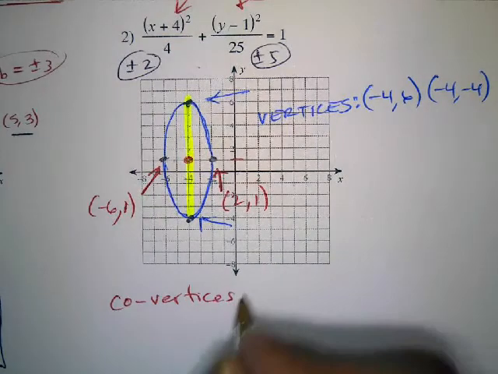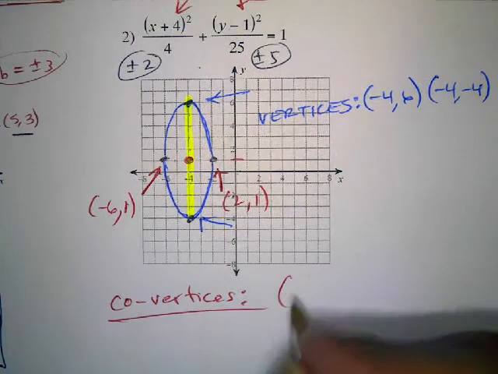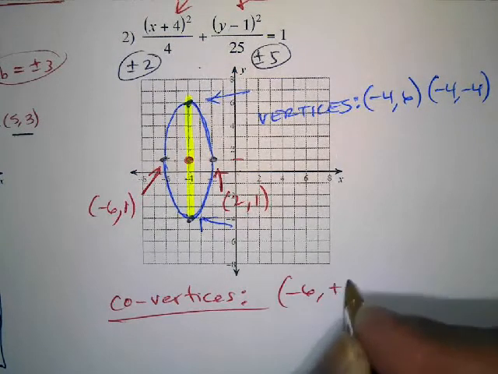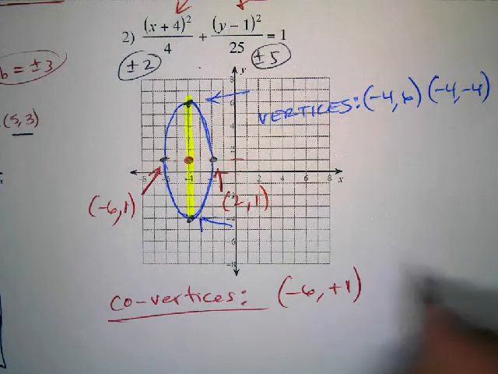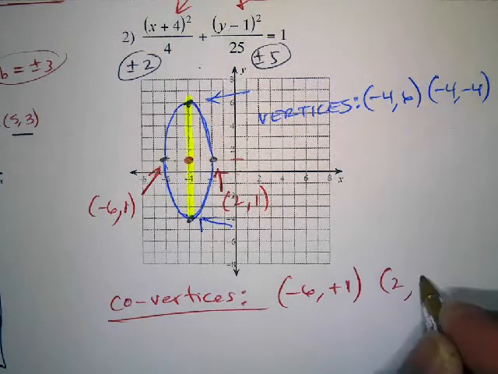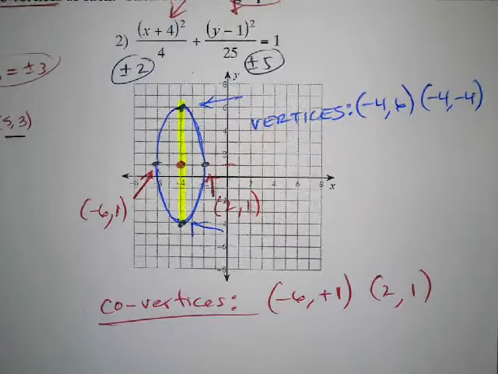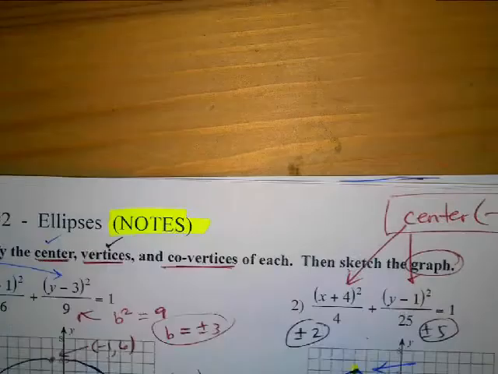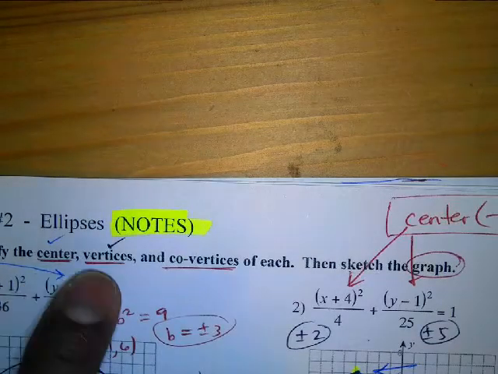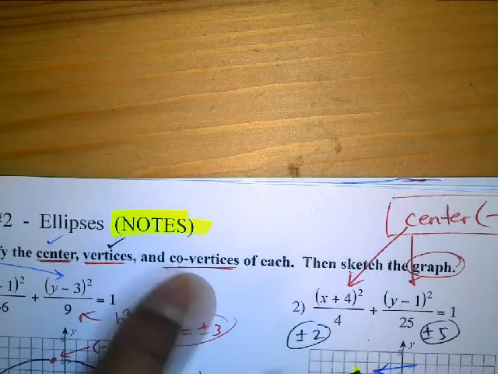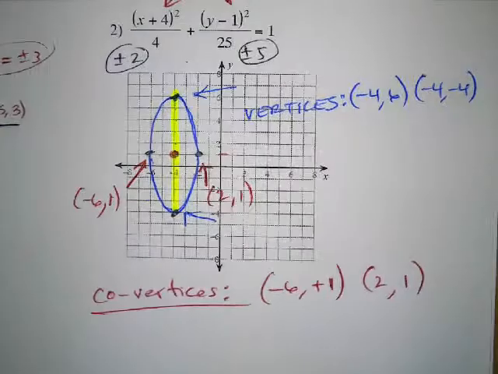Those will be your co-vertices. -6, +1 and 2, +1. And we did it all. We got the center, we got the vertices, we got the co-vertices, and we graphed it.